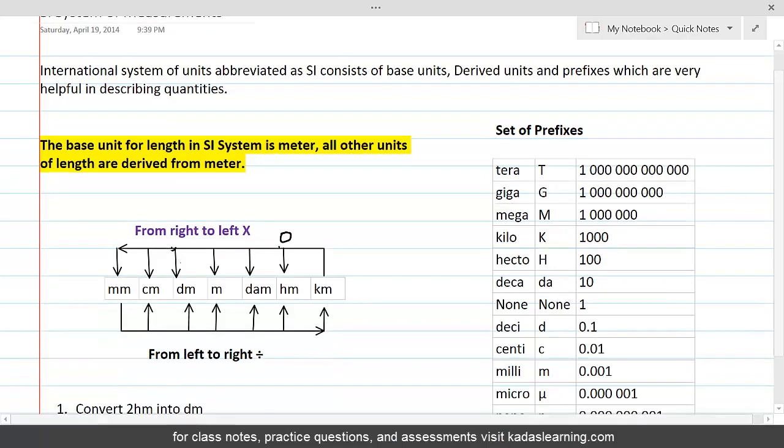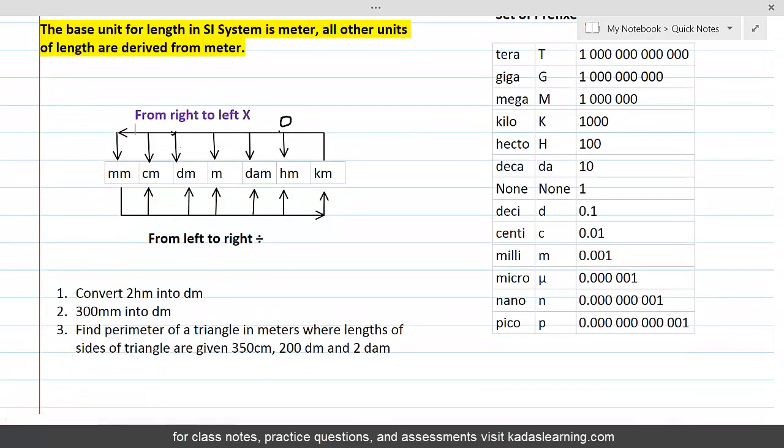Let's get started with converting 2 hectometers into decimeters. We identify the origin, which we have already marked by the letter O, and now we will identify the destination unit, which is DM. Let us mark this with D, for destination. Now we move from O to D, and for this we will be moving from right to left.